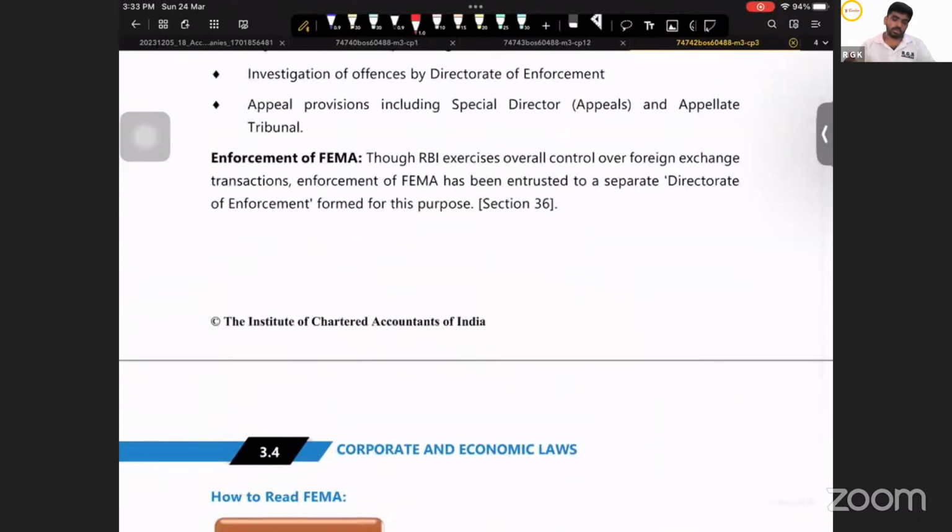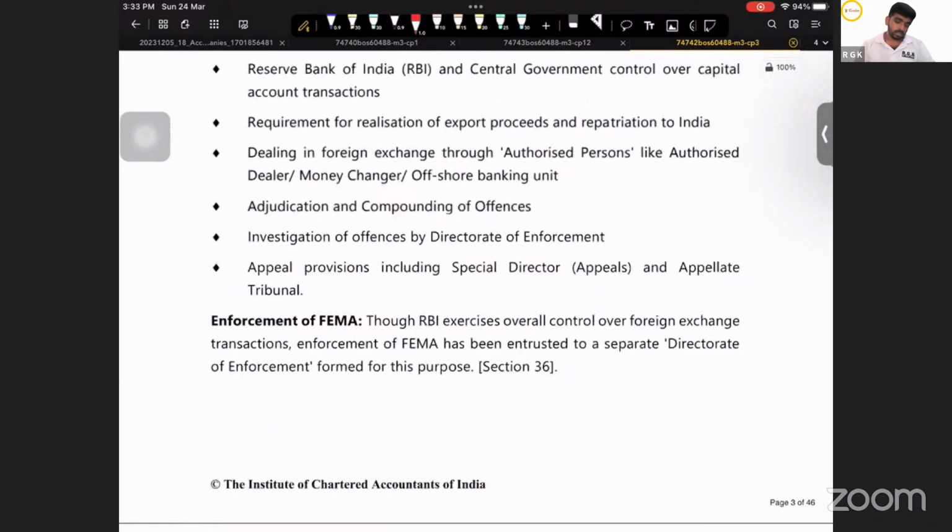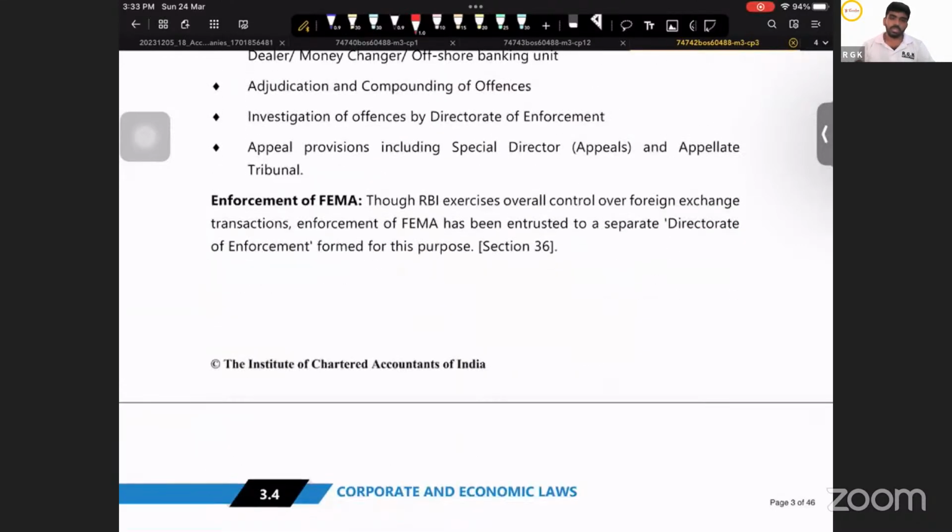One important thing you have to understand is enforcement of the Foreign Exchange Management Act. So how is the central government going to enforce it? Through RBI. Though RBI exercises overall control over foreign exchange transactions, enforcement means making people follow the law.